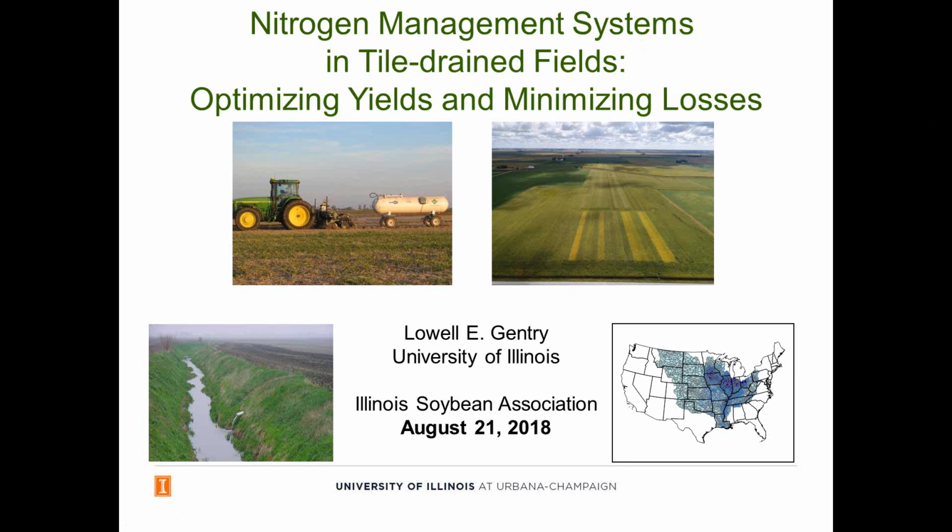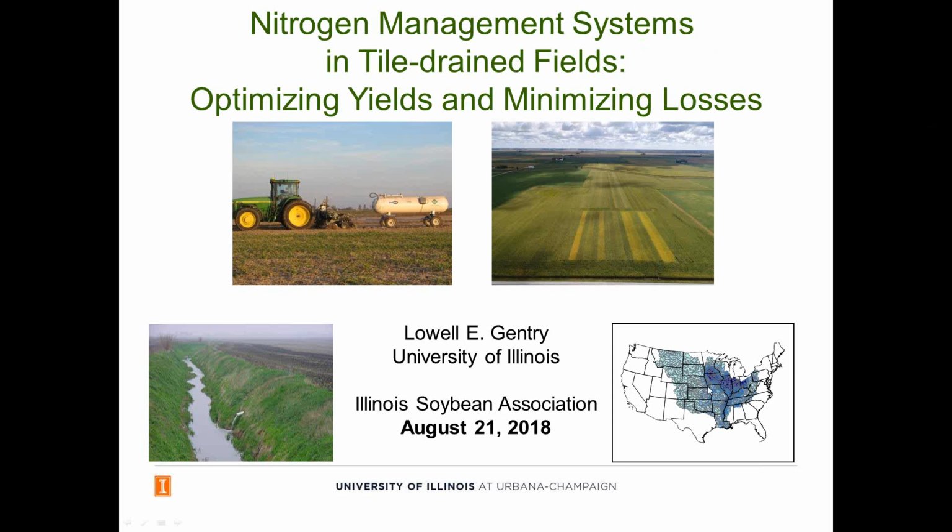Eric has allowed us to look at a corn, soybean, wheat rotation with cover crops and bioreactors, and I'm going to end with a little bit of data from that study, but I'm mostly going to focus on our replicated tile drainage study. And yes, we have lots of tiles in Illinois, and I'll show you where they are.